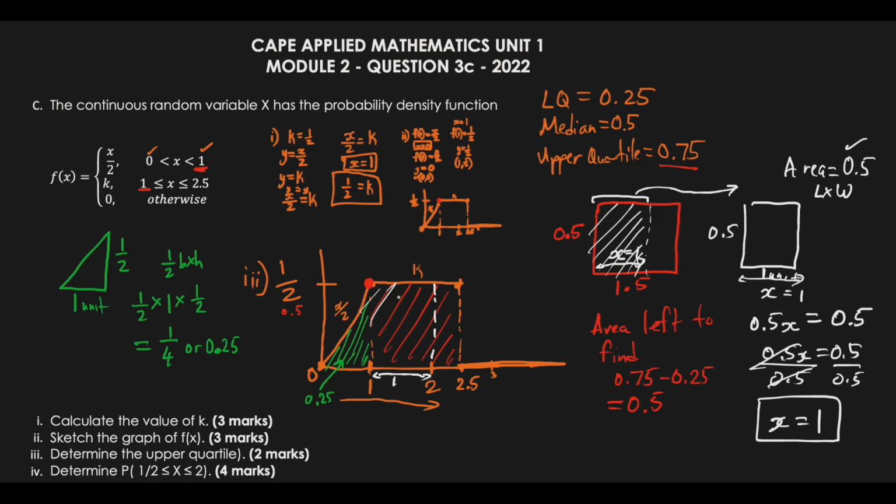So the area inside here is 0.5. And remember, we had the area from this triangle, which was 0.25, which gives us 0.75. So as a result, I know that my upper quartile would be equal to 2 right here. Then I can say upper quartile equals 2.